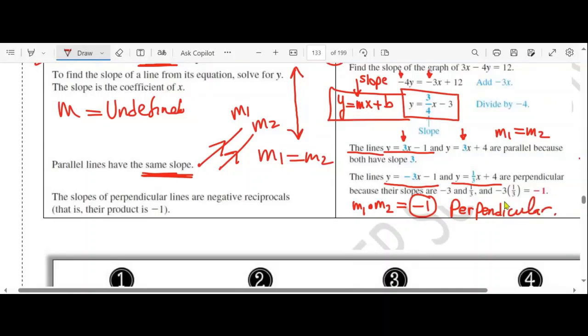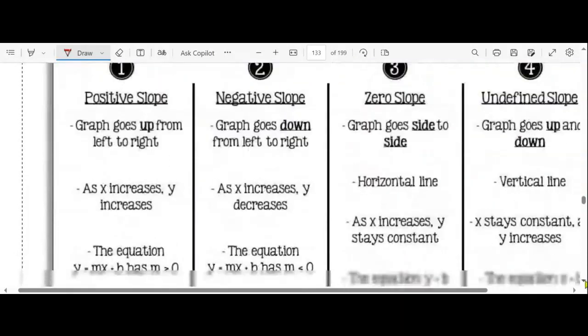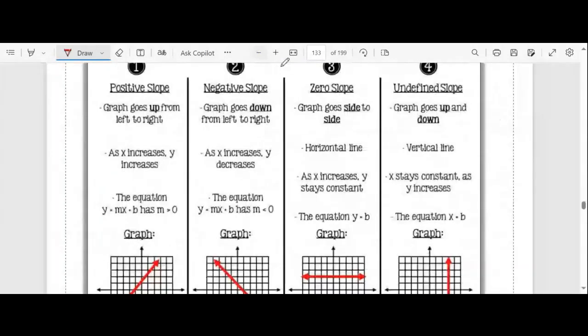Is this clear? So here I have how much the slope here? How much the slope here? 1/3. So if you multiply this together, how much does it give you? -1. Therefore, it's what? Perpendicular. Perpendicular lines. Is this clear? Let's go to the next one here. Now, these are the rules here.